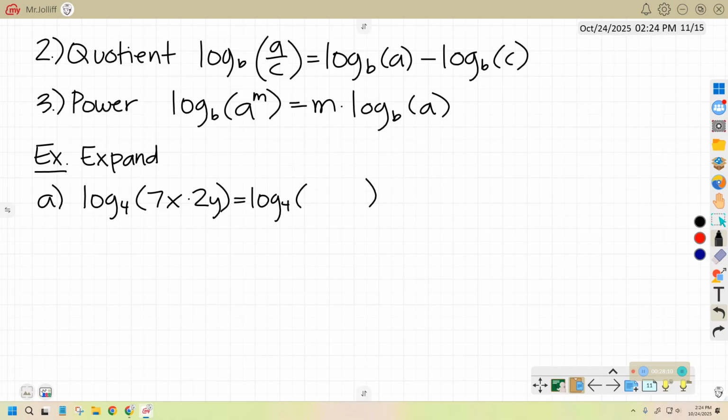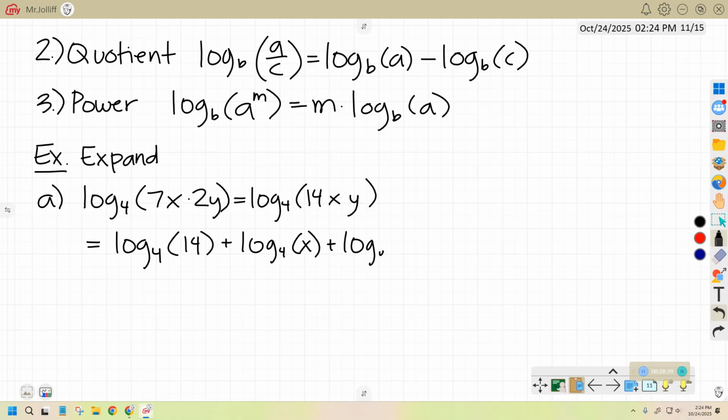What's 7 times 2? 14. This is actually just 14 times x times y. Meaning when I split my log, I am splitting it into 3 expressions. Log of 14 plus log of x plus log of y.